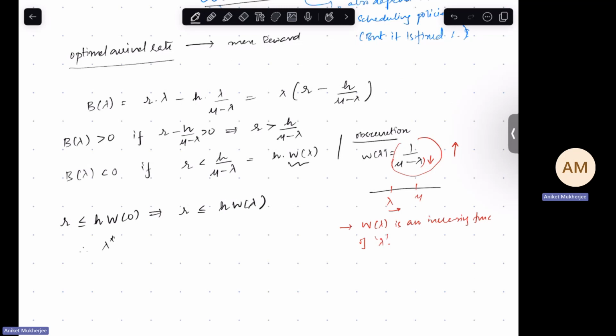Therefore lambda star equals 0, because for all lambda, R is less than or equal to H W(lambda).